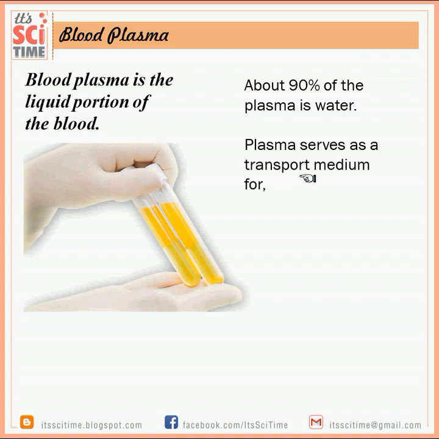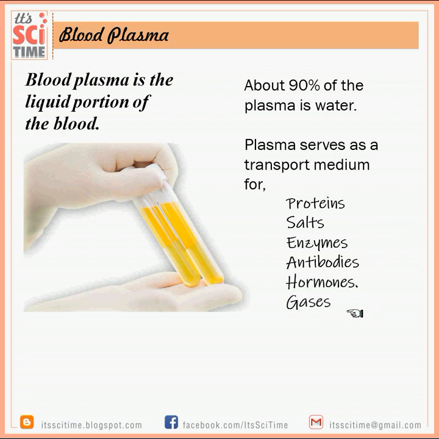Plasma serves as the transport medium for many things. These are mainly plasma proteins, salts, enzymes, antibodies, hormones, gases. Gases means mainly they transport carbon dioxide gas. Oxygen is never transported through the blood plasma.